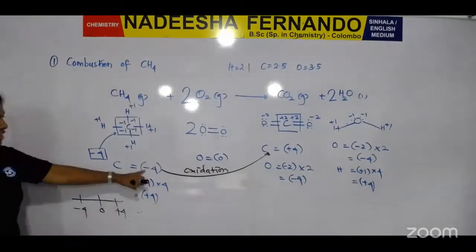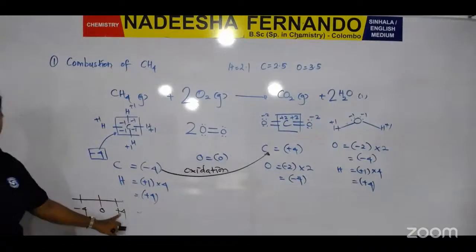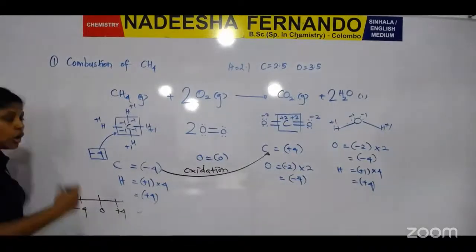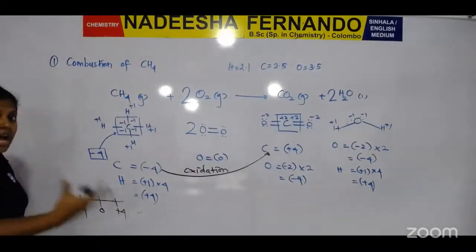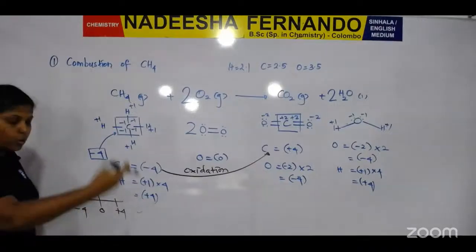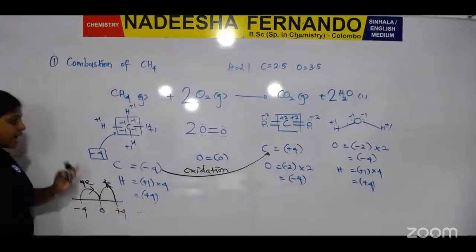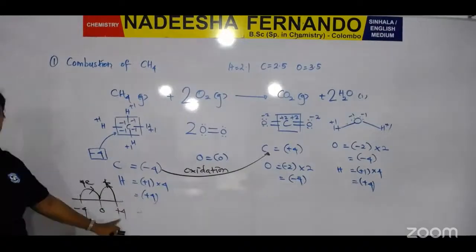The initial oxidation state of the carbon is -4. When it forms carbon dioxide, the oxidation state changes to +4. So the total number of electrons removed: here, -4 to 0, 4 electrons. Another 4 electrons removed by carbon when it forms +4.